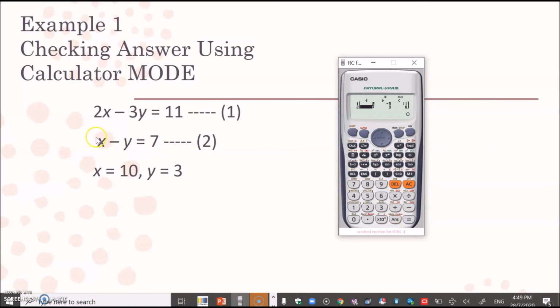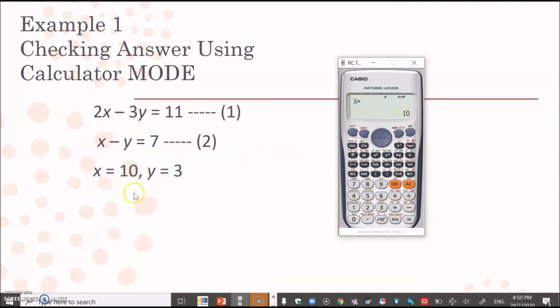For this one here, where there's no number in front, it's actually just a 1. So this one will be 1, negative 1, and 7. Press one more time and you see, x equals to 10.